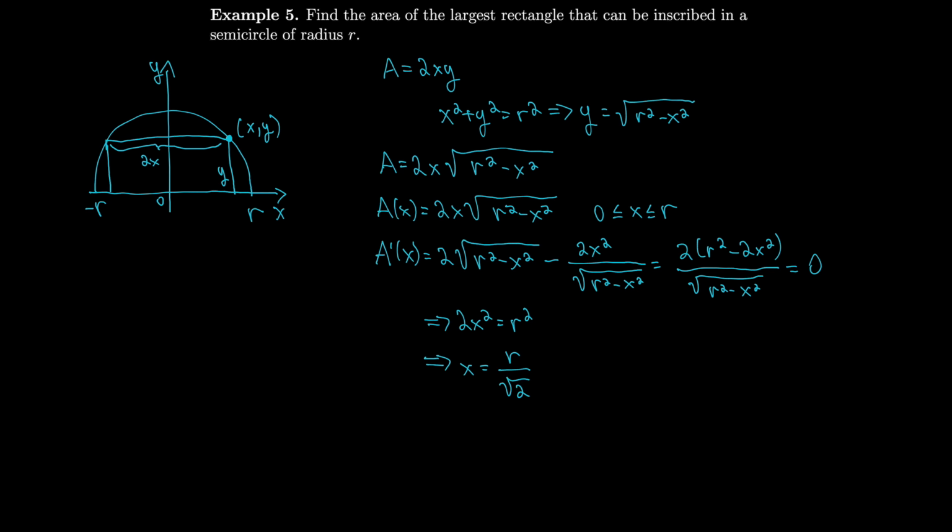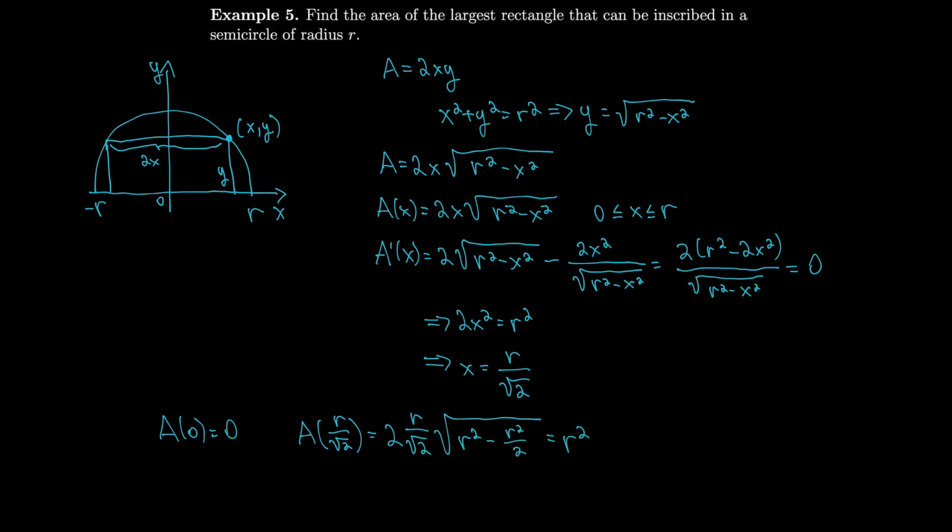Let's check now. We have a closed interval from 0 to r, so we can look at A of 0. See that that's 0. We can look at A of r over square root of 2 for a critical number. So plugging in, we get 2 times r over radical 2 times the square root of r squared minus r squared over 2.